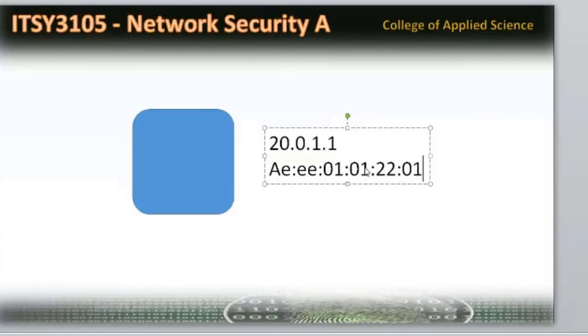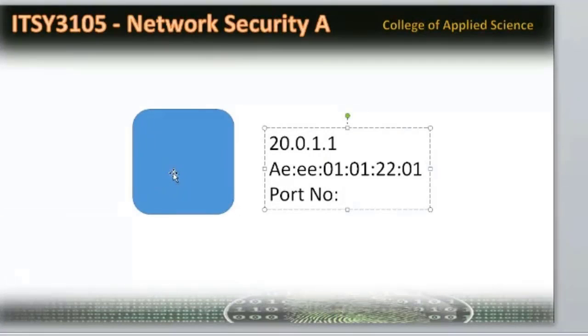Then for this machine, I need to give a port number. Can I give any port number? No. You cannot fix any port number for this machine. You have to fix the port number based on the service running here.